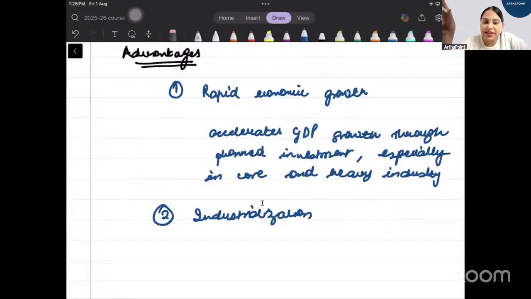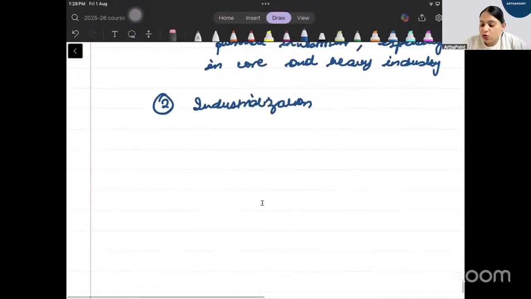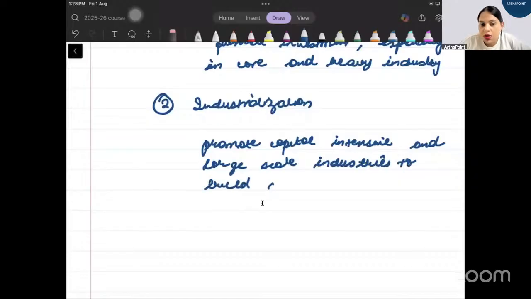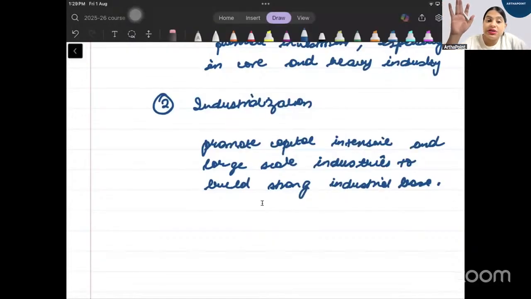So you can promote capital intensive and large scale industries to build a strong industrial base. That transition that we need in any economy, shifting from the agricultural to the manufacturing sector to the service sector, can be rapidly taken by the government, right? So transition becomes easier.